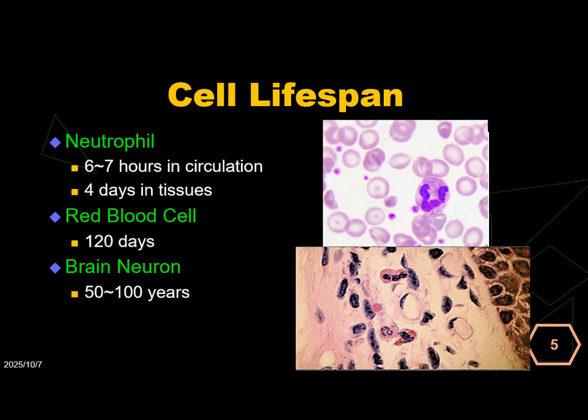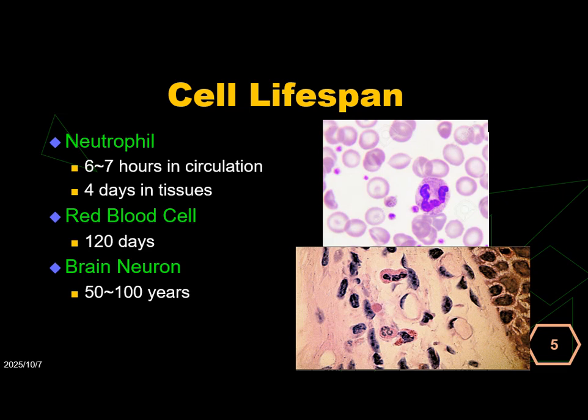The only way is to wait until they die, giving stimulation to the white blood cells but not growth factor for the red blood cells. The brain neuron has a lifespan of 50 to 100 years.